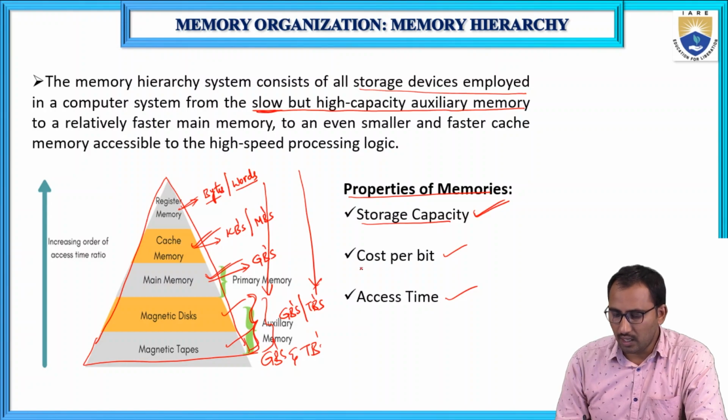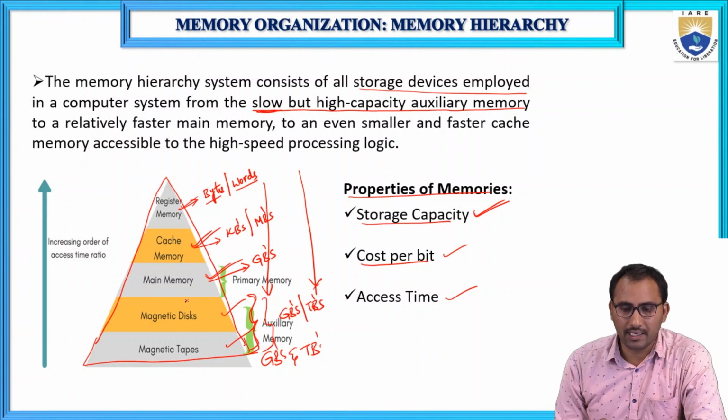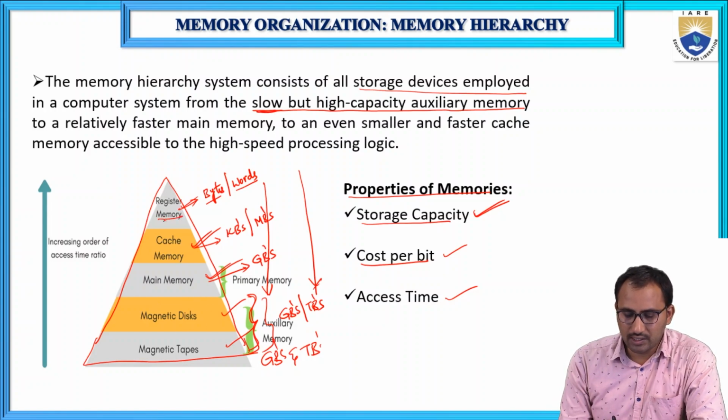And the second one is cost per bit. If you observe the cost of these different memory hierarchies, the first one is the register memory, because the registers are available inside the processor. Okay, leave it. The next one is the cache memory.